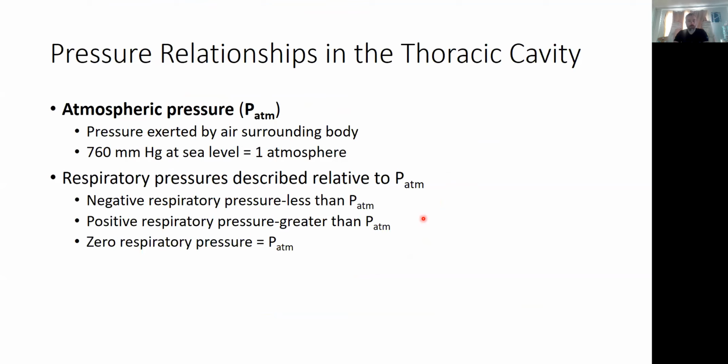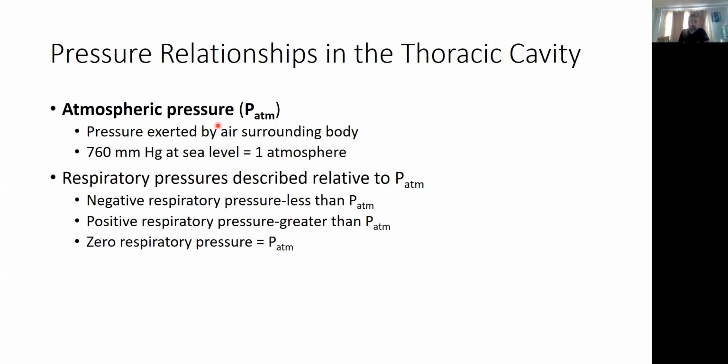The way that your lungs are going to work is by changing the relationship between pressure inside the lungs and pressure outside the lungs. And so what we're doing as we inflate or deflate is increasing or decreasing the internal pressure relative to atmospheric pressure. And this is just the pressure of the air that we live in.